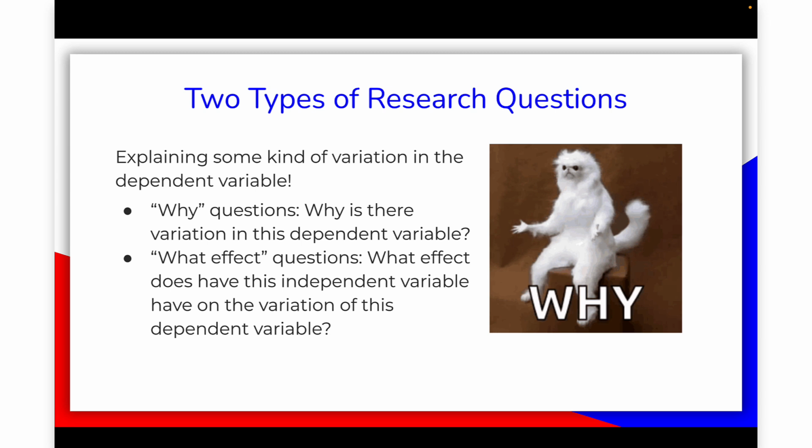Okay, so in that case, the independent variable is income and vote choice is the dependent variable. It's being affected. Okay, what effect does income inequality have on the likelihood of civil war? In that case, the dependent variable, the thing being affected, is civil war, and income inequality is the independent variable.